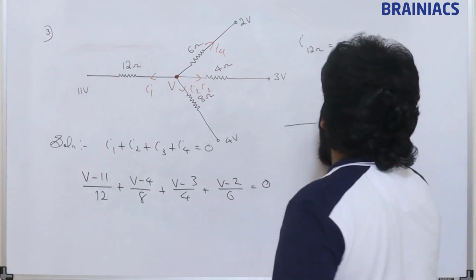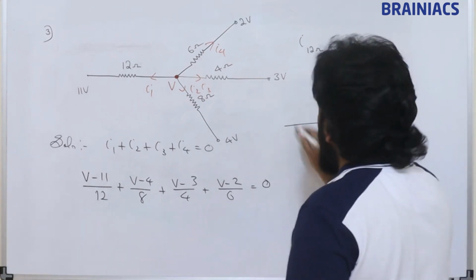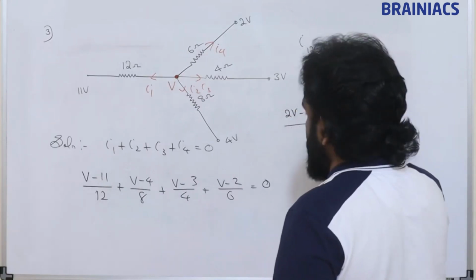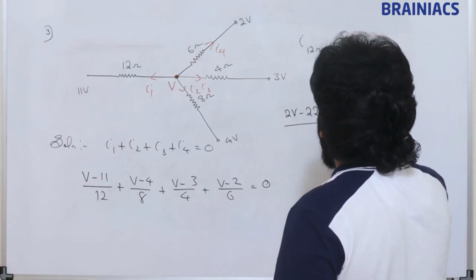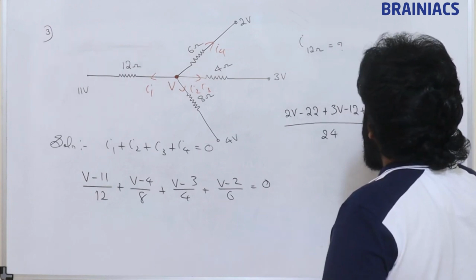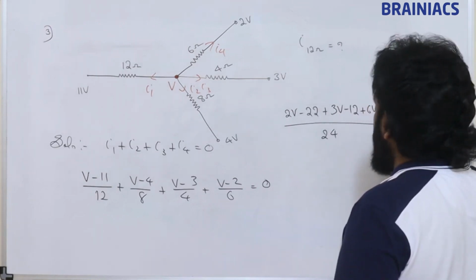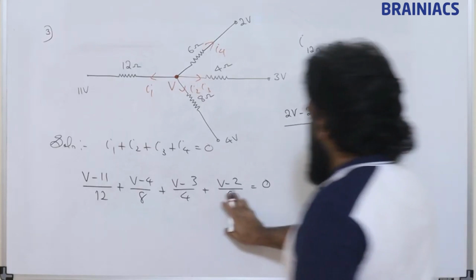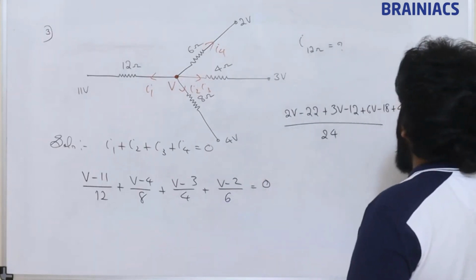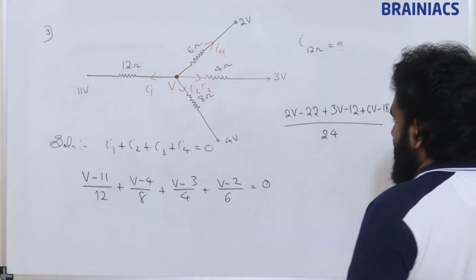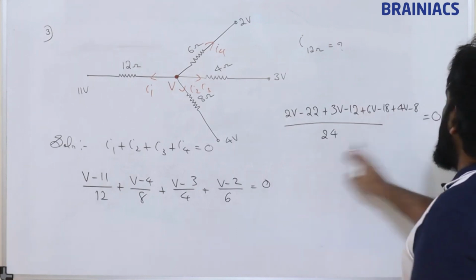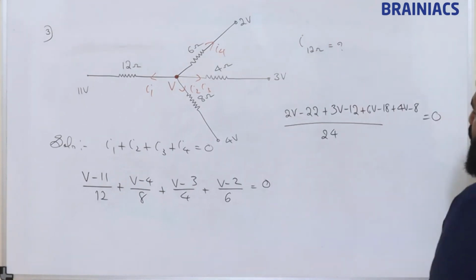So considering LCM as 24, we will be getting 2V minus 22 plus 3V minus 12 plus 6V minus 18 plus 4V minus 8, is equal to 0. The 24 goes to the other side and will vanish.